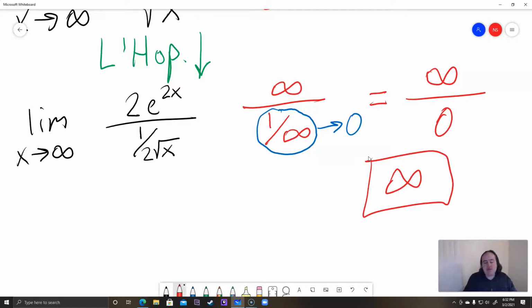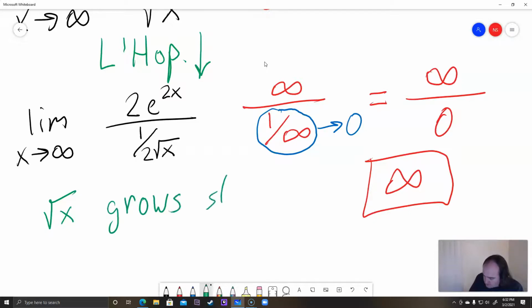Okay, so if it's infinity, once again, that means that the denominator is growing slower than the numerator. Okay, so that means our square root of x grows slower than e to the 2x.